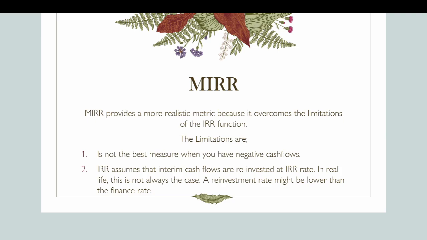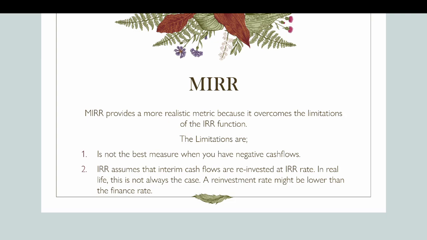But the MIRR function came up because of some limitations of the IRR, and we are going to see what they are. The number one limitation of the IRR function is that it is not always the best measure of profitability when you have negative cash flows. The IRR function assumes that all the cash flows from the investment are always going to be positive over the duration of the inflows that are coming in.